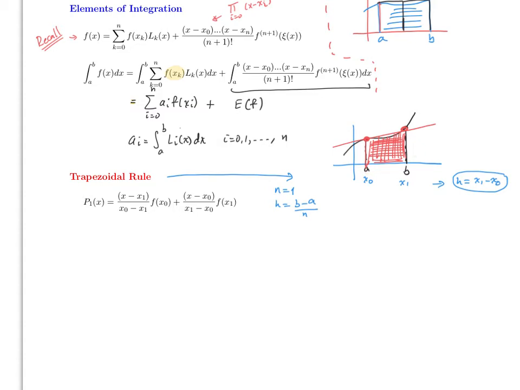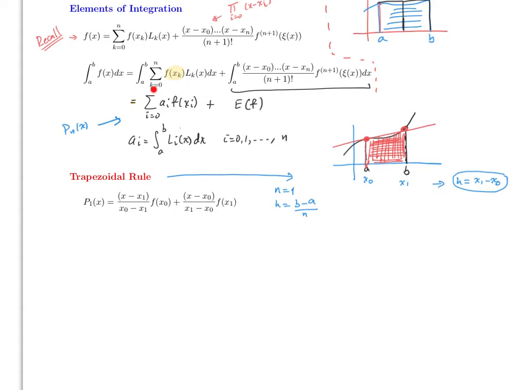So now we're going to do the fancy derivation of the trapezoid rule, which is actually pretty straightforward. It just looks messy because of the notation, but it's pretty simple. Just for notational purposes, so we can keep the notation clear, this part is what we called Pn before. So this is Pn.